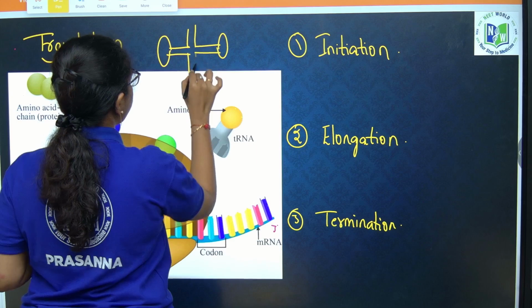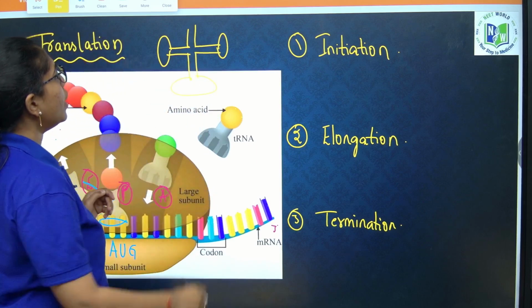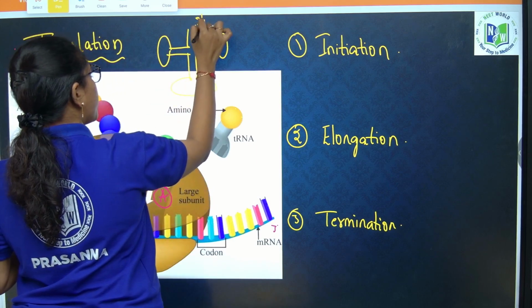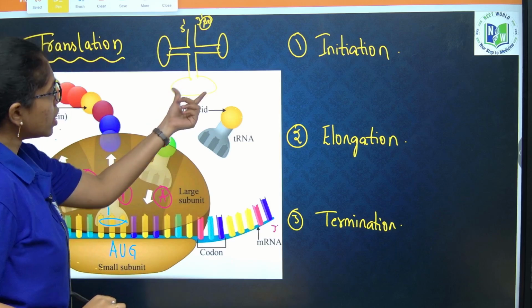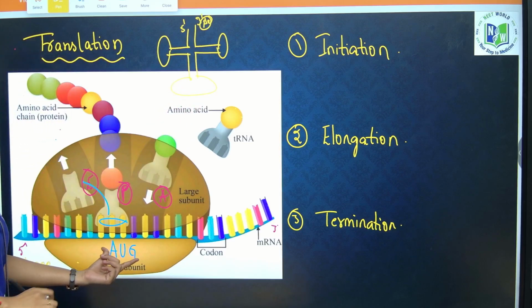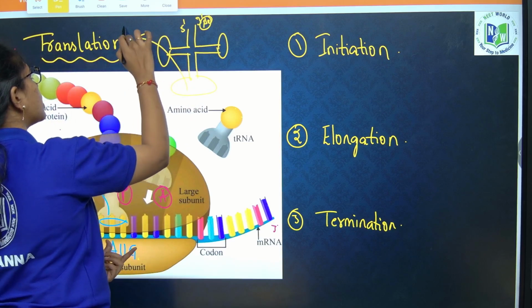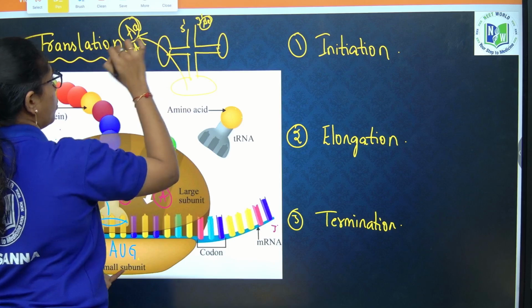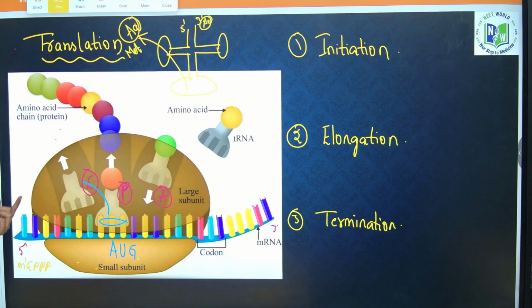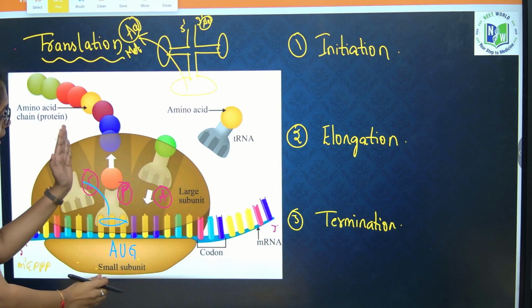If you look over here, at the 3' end the amino acid is attached. This is the charged tRNA. It copies the AUG codon, and from the amino acyl synthetase loop it will synthesize the amino acid, for example methionine.